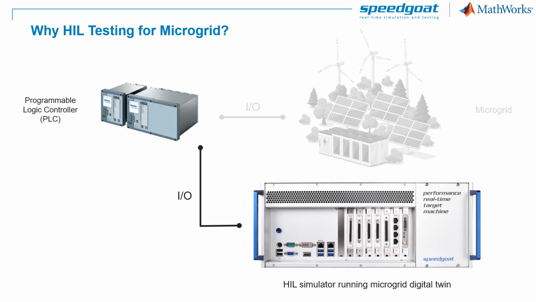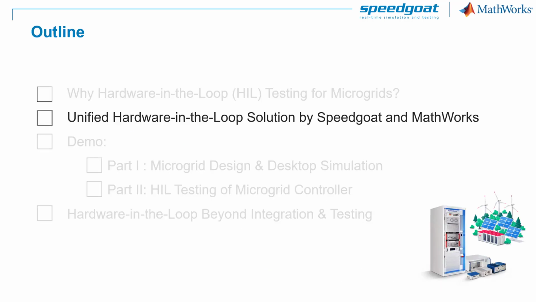This is the process from building a model to testing in hardware-in-a-loop. We call the model, which is running in a real-time target machine, a digital twin. In hardware-in-a-loop, you test your controller against your digital twin. I hope we just convinced you that hardware-in-a-loop is important for your microgrid development and testing.